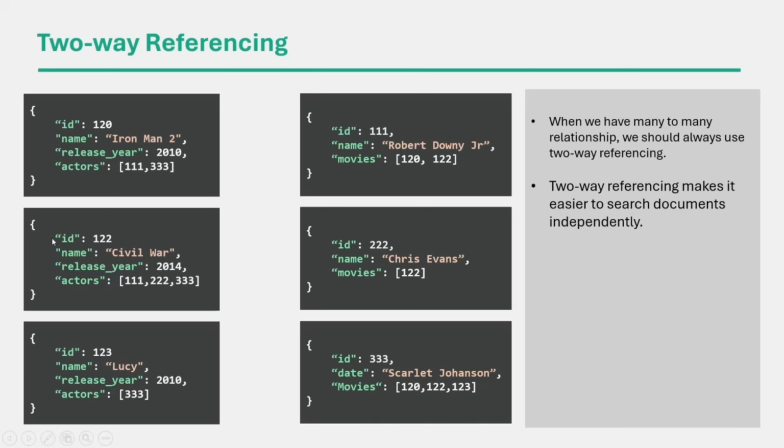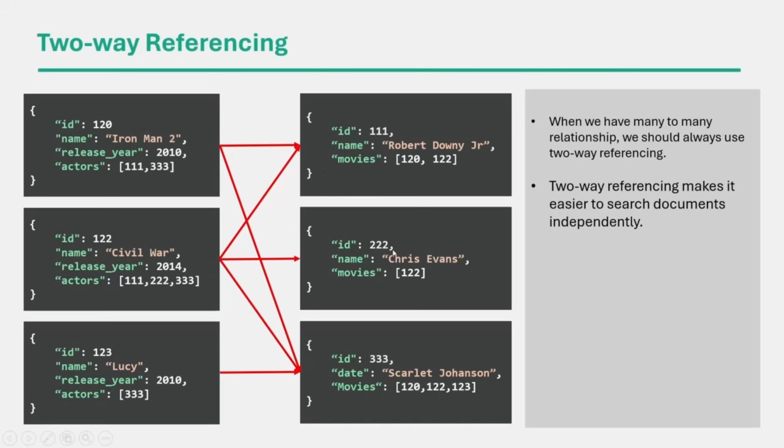So let's take an example of this movie. For this movie, we have three actors, and here instead of storing the actor details, we are storing a reference to the actor documents. So in the parent document, we have a reference to its child documents. The same is true for other movie documents as well.